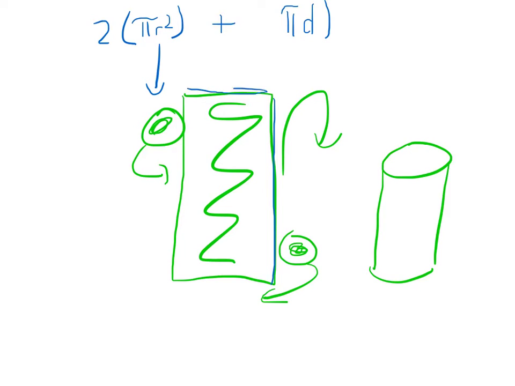And then we also will need the length of this side over here, so we call that the height. And that would tell us what our total area is. Now, you notice in the book, they put an R in here for D. That's the radius, so that's why they have a 2 out here, because they have to do 2 times the radius. For you, it might be easier to do the diameter and keep it simpler that way. So we could figure out the area here of example 1.